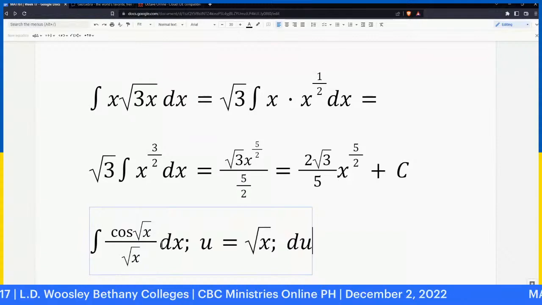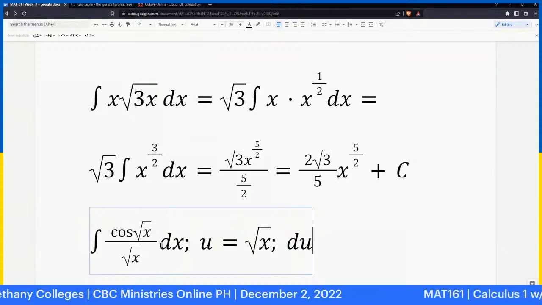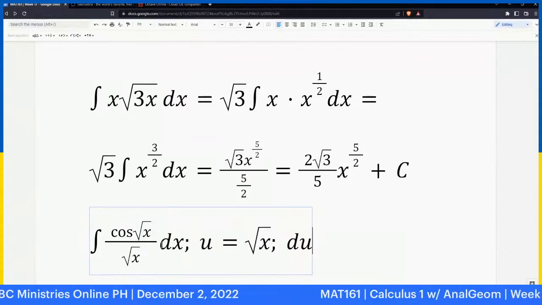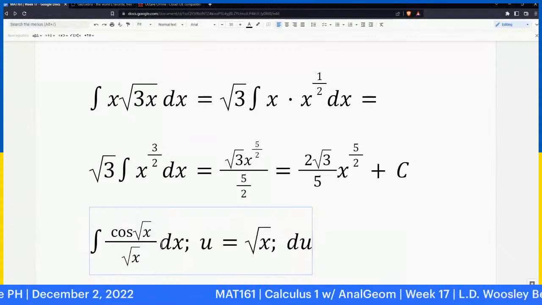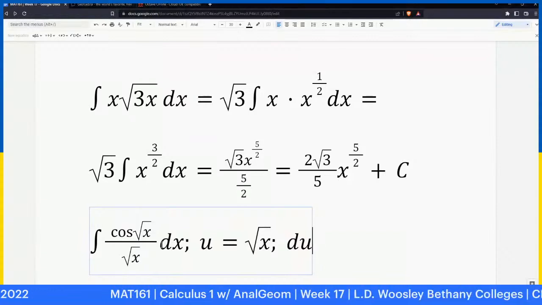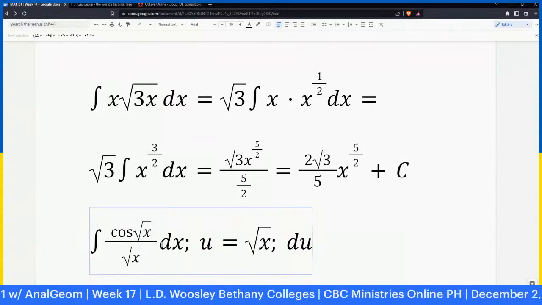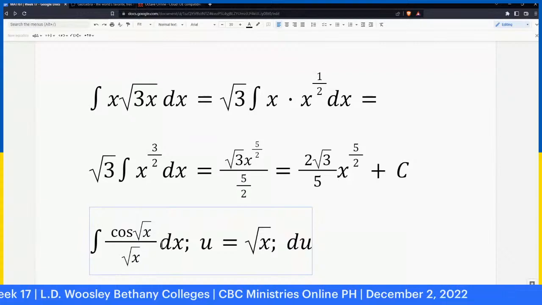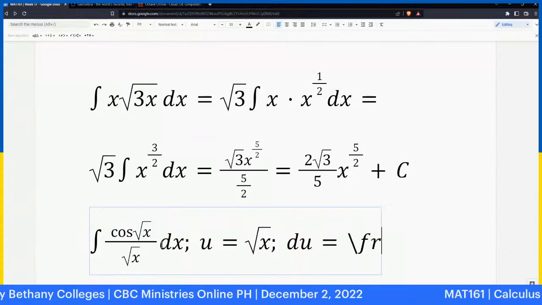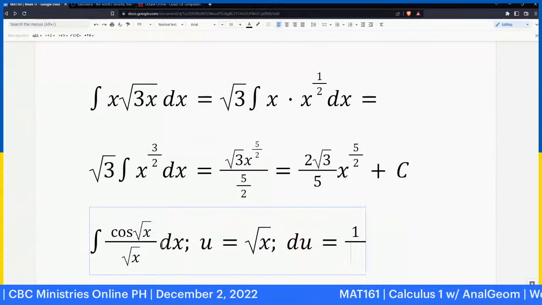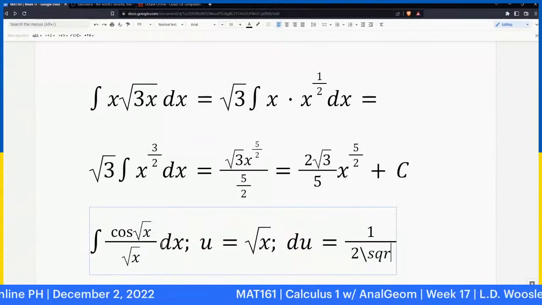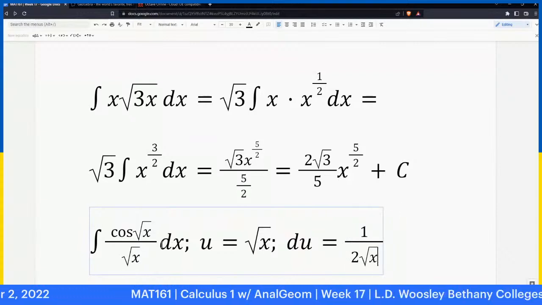X raised to negative 1 po. Okay, may formula yan eh. 1 over 2 square root of x. That's the answer. May formula to, guys. Recall nyo. 1 over 2 square root of x.